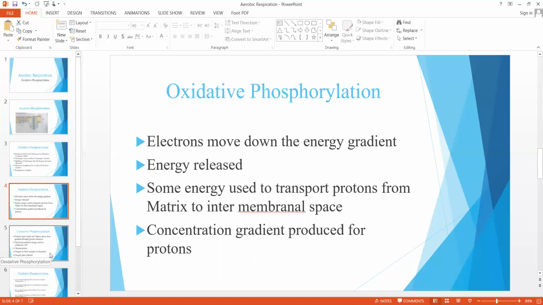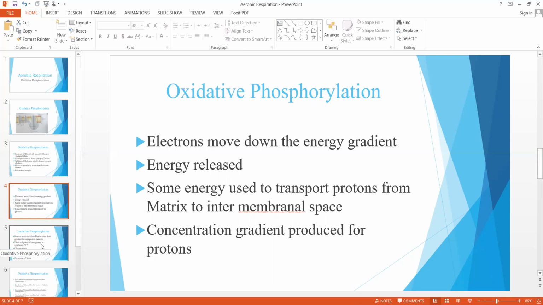And once again, their electrical potential energy, while the protons are moving down the concentration gradient through the protein channel, results in the formation of ATP, as ATP synthase is also associated with this protein channel, and this process of formation of ATP is called chemiosmosis.